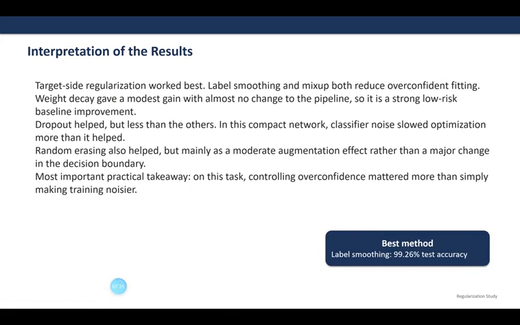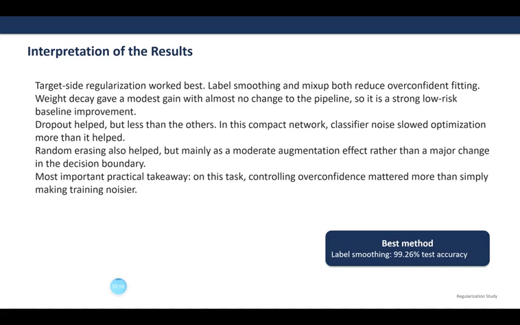My main interpretation is that target-side regularization worked best for this dataset. Digits is a small handwritten digit dataset, and some examples are naturally ambiguous in that setting. It makes sense that reducing overconfidence helps more than simply making the network noisier.